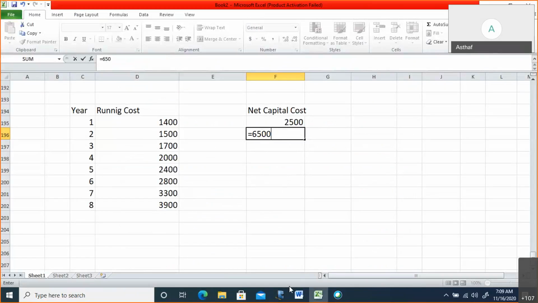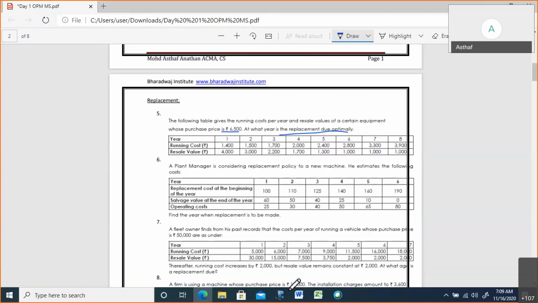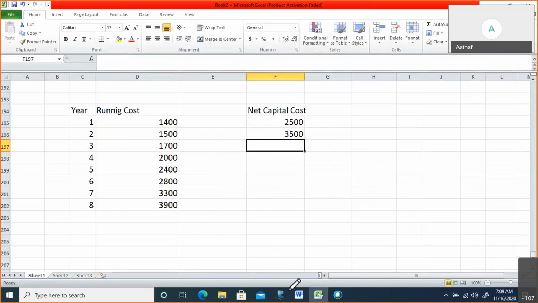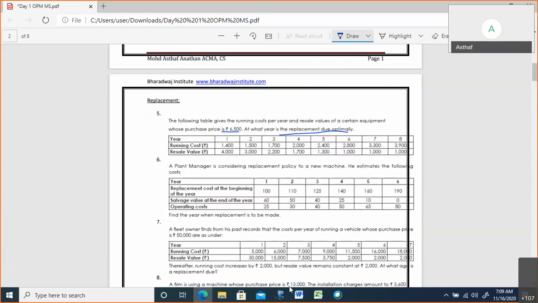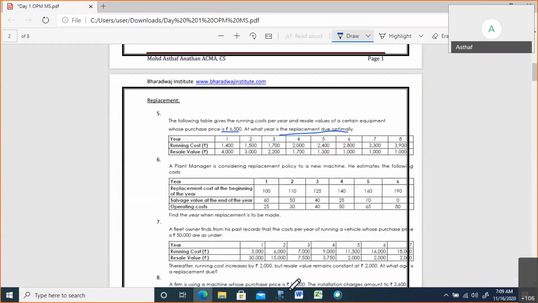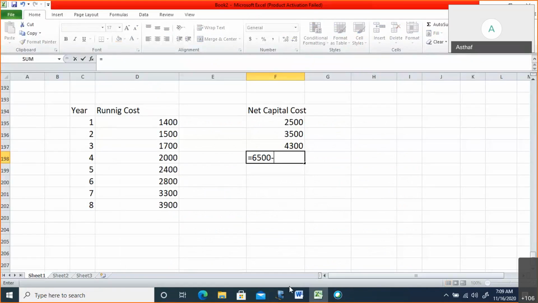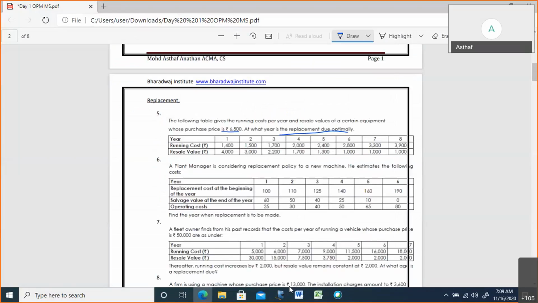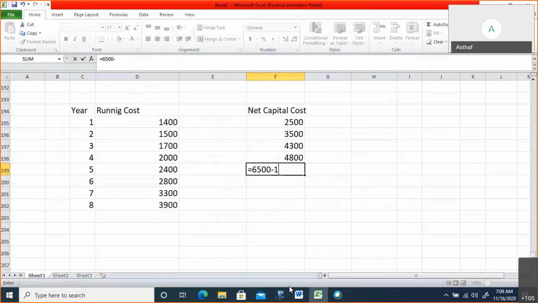Next will come what? You purchased for 6,500. You are selling for 3,000. So there is a loss of 3,500. Again, 6,500 you purchased it. You are selling for 2,200. See, this will keep on going. So it will come 1,700. Okay. 6,500 minus 1,300.